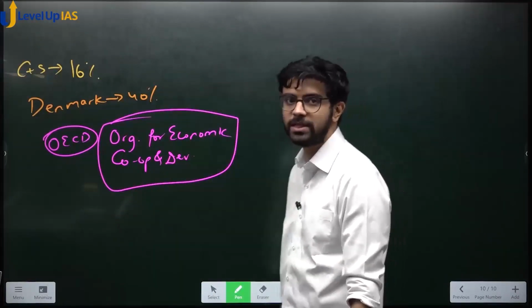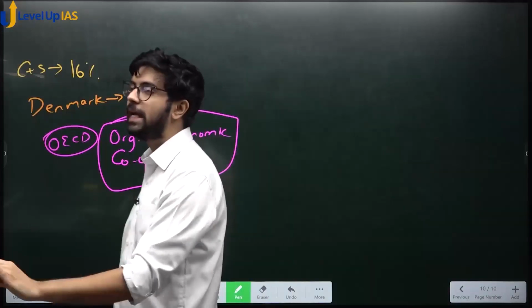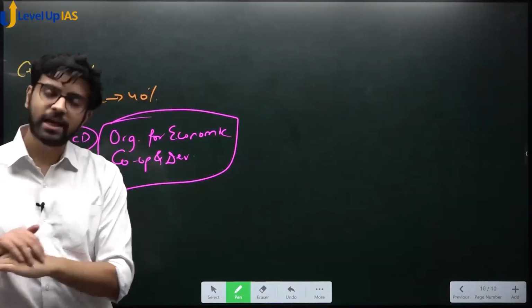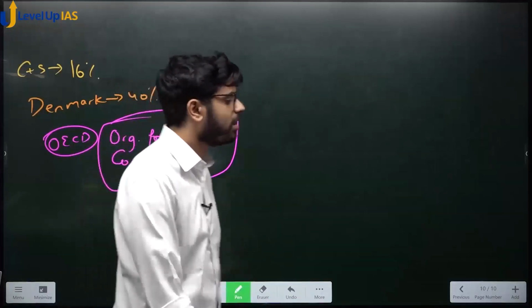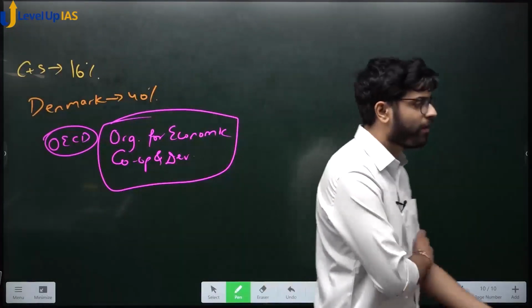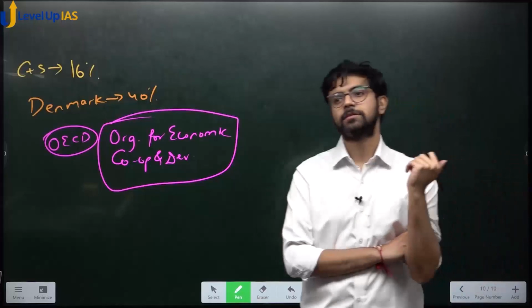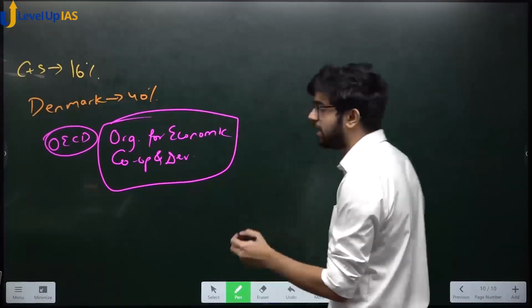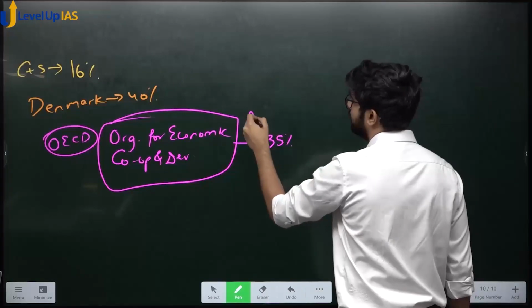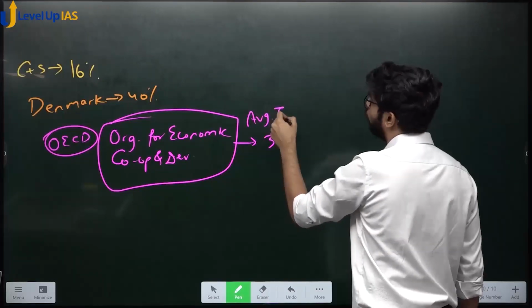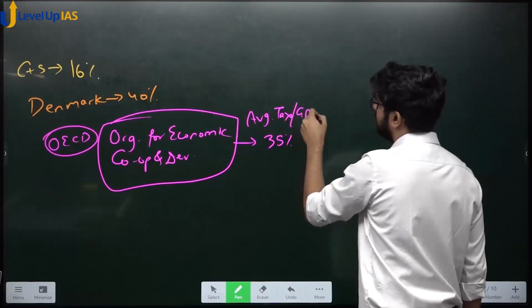OECD. It is known as OECD. It is an international organization. You will learn it in IR, International Relations, and so it is a group of economically advanced countries. Their average tax to GDP ratio is 35% for OECD countries.